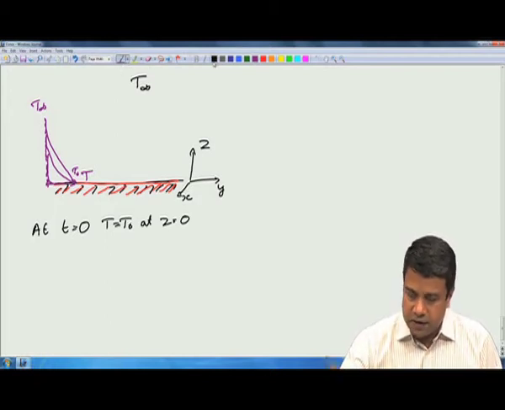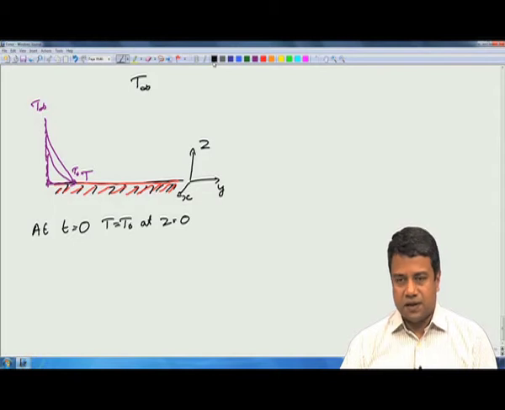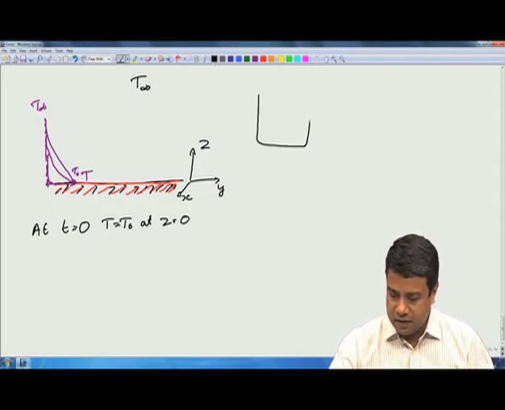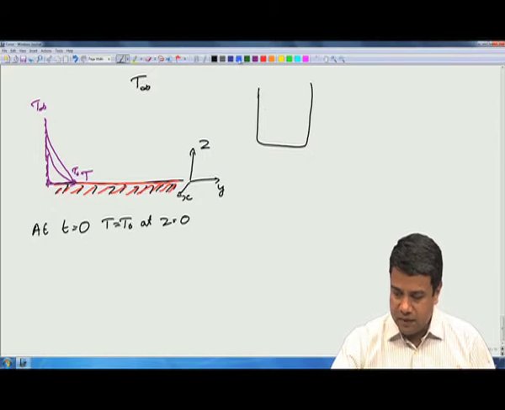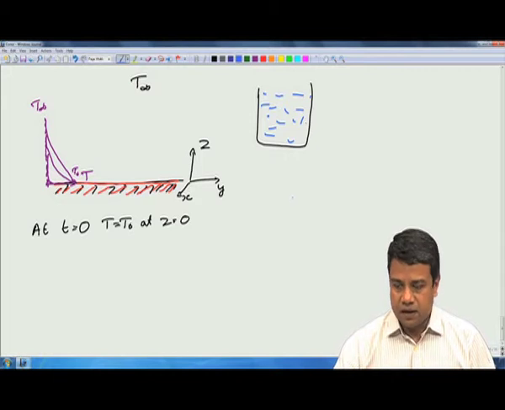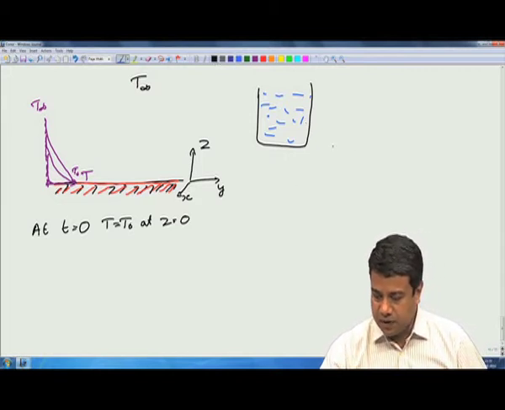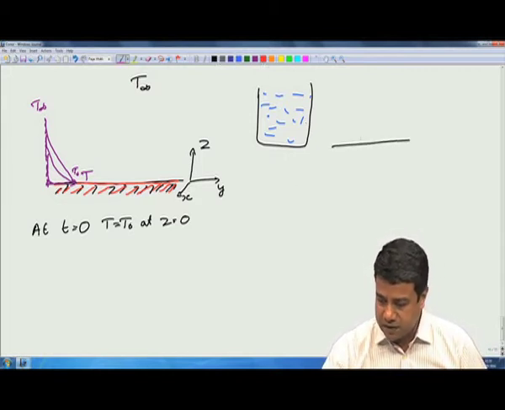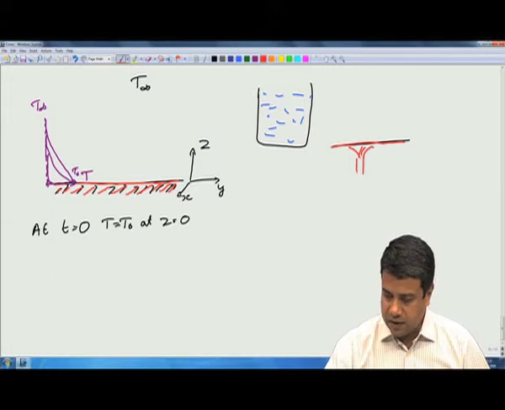This is of course an idealized situation. You could consider it, for example, an idealization of a container which contains some fluid at some temperature, and you instantaneously put it onto a burner which is at a higher temperature.